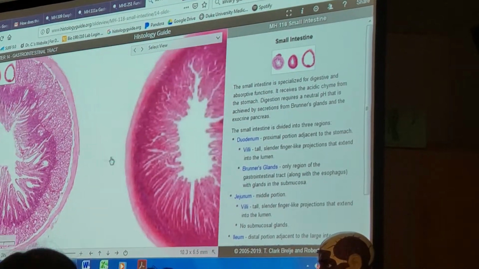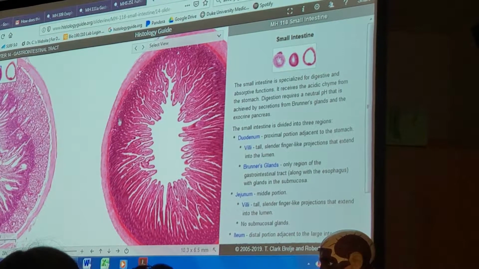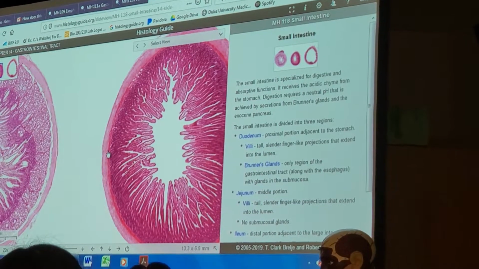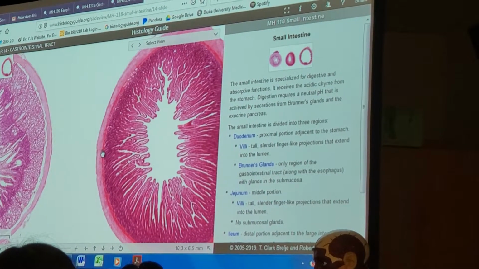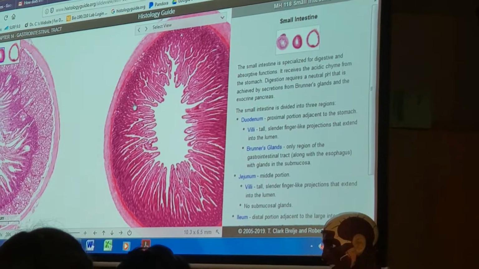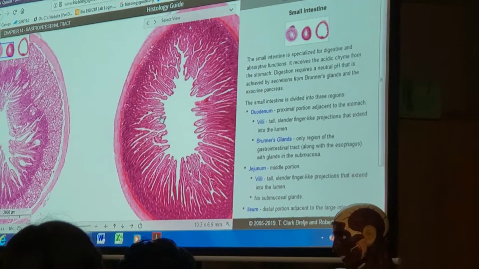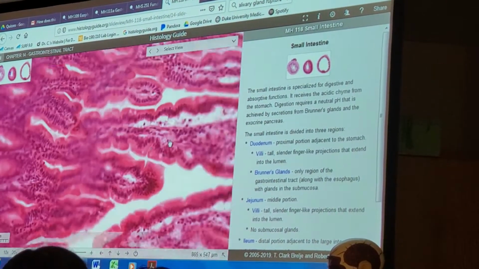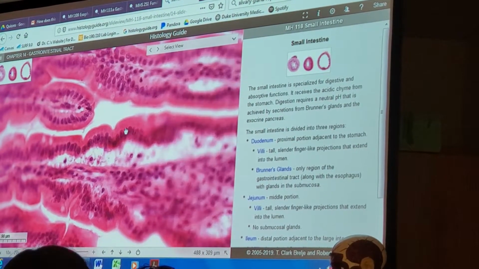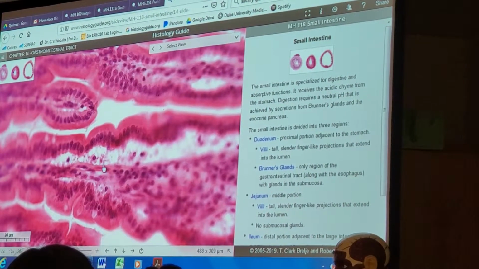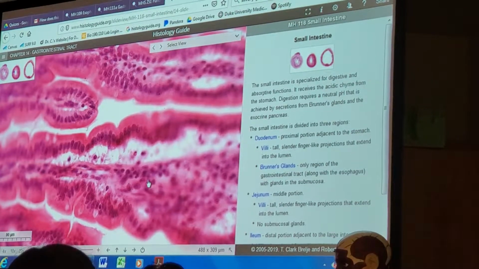You move over to the jejunum, and the submucosa has largely disappeared. We don't need all the room for those submucosal glands anymore. So now you're dominated by villi and crypts. So you see lots of extensive villi sticking in here. And if you zoom in, you'll see simple columnar epithelium. In the middle, you really can't tell the villus, the lacteal.